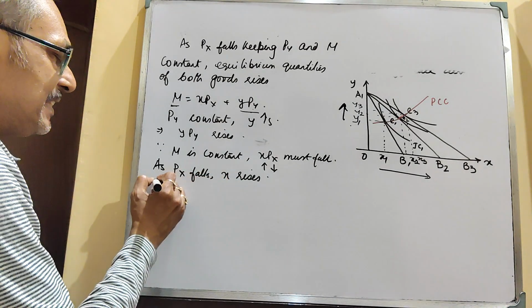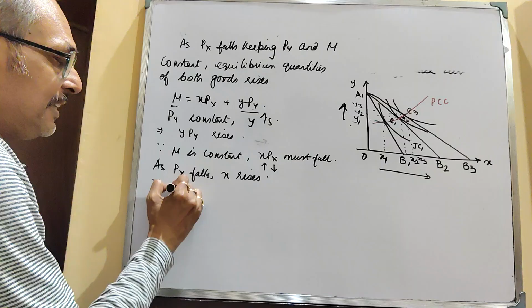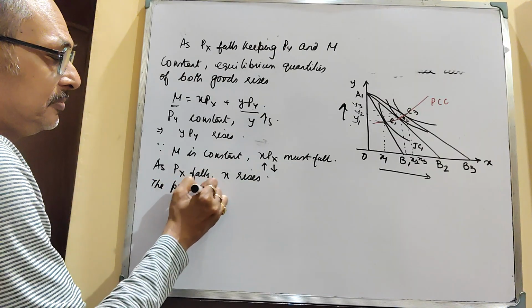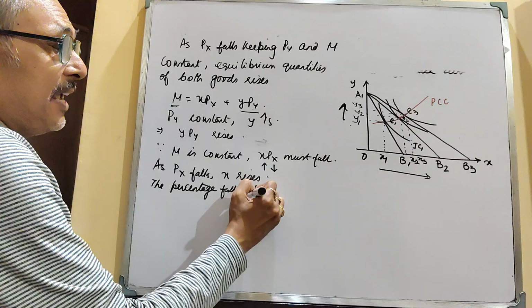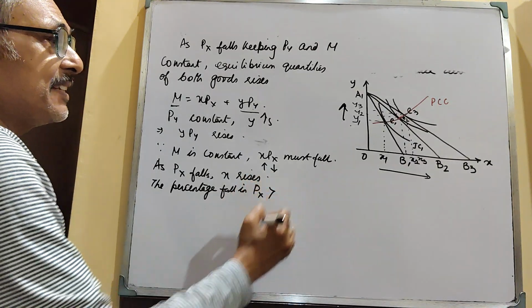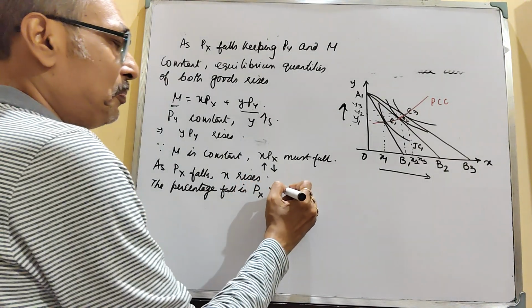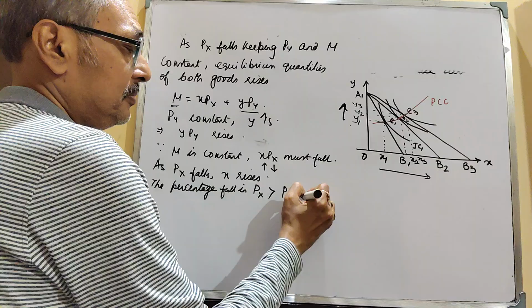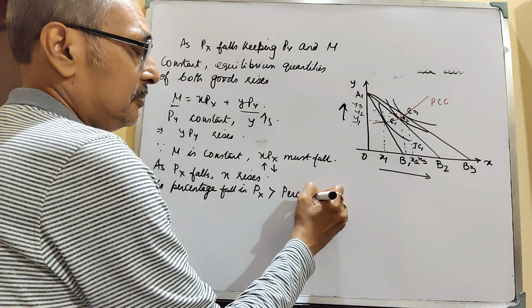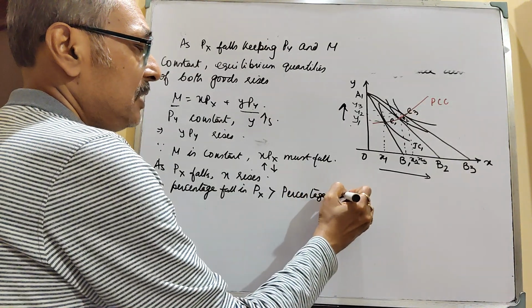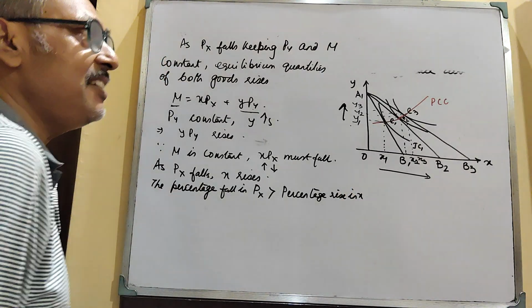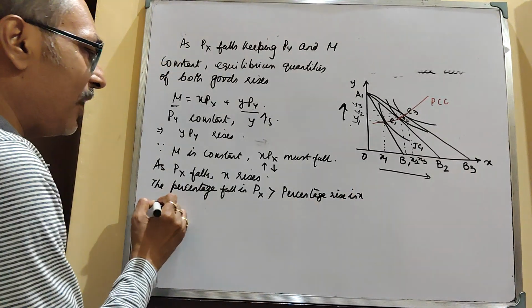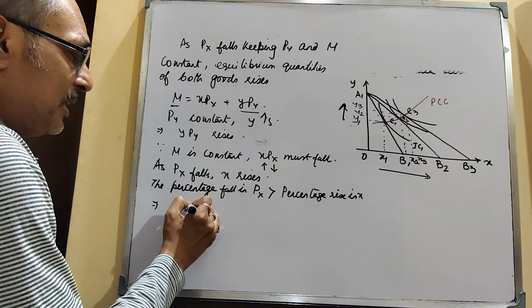The percentage fall in PX is greater than the percentage rise in X. What does it mean?